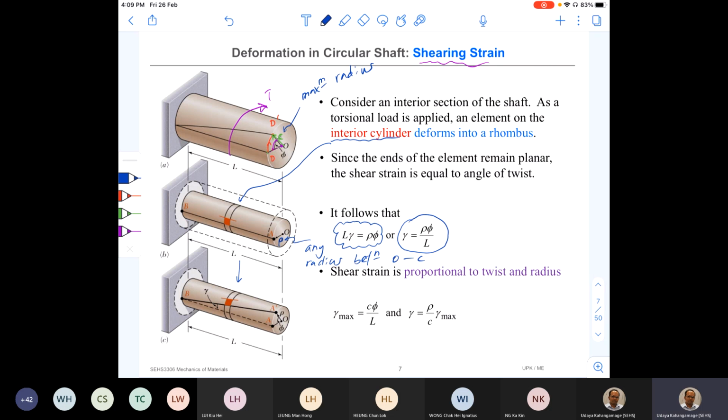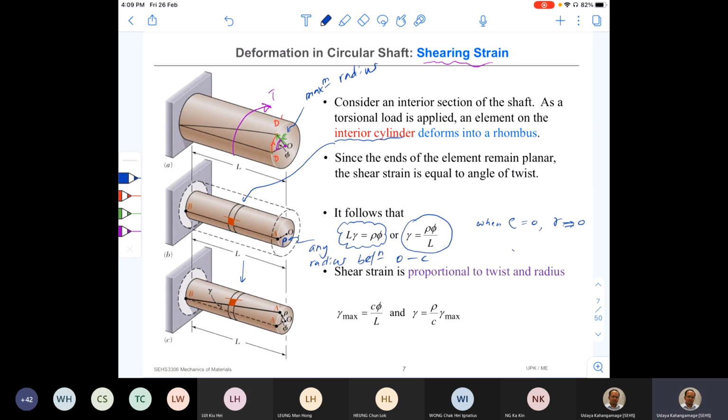And for a given cross section, when L is constant, the angle of twist is also constant, the only variable is rho. So from this one, we can see that when rho is equal to 0, the shear strain also becomes 0.